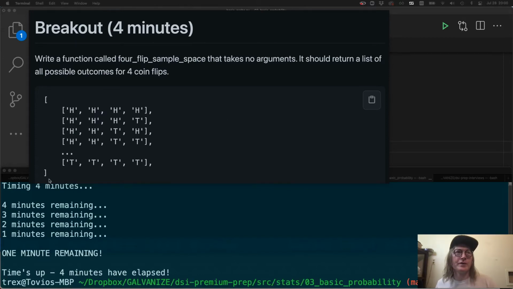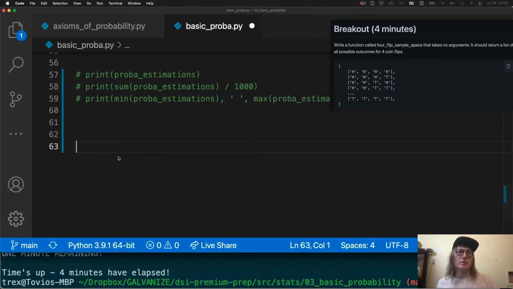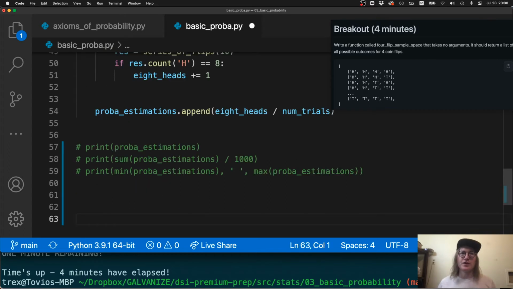Okay, let's build this sample space, and then we'll take a break. So this kind of goes back to that first pets example that we started off with.